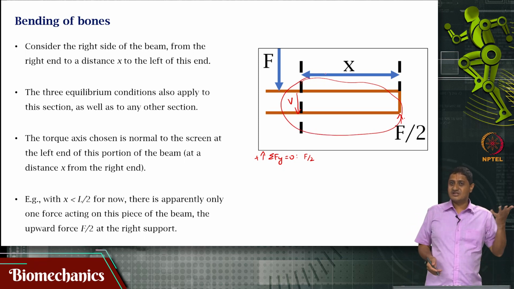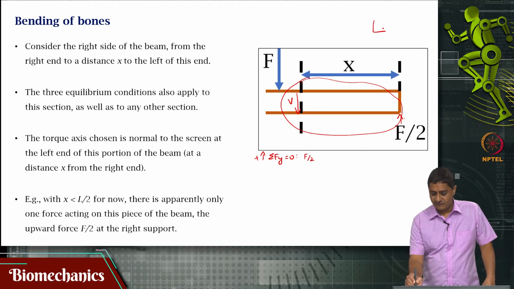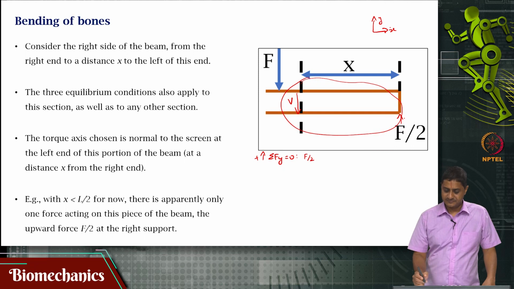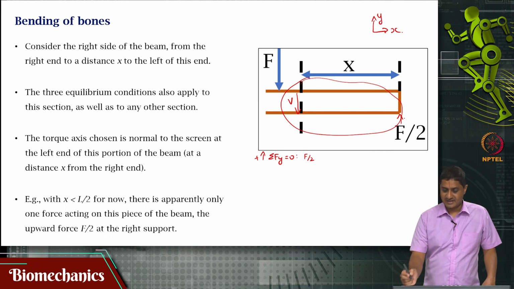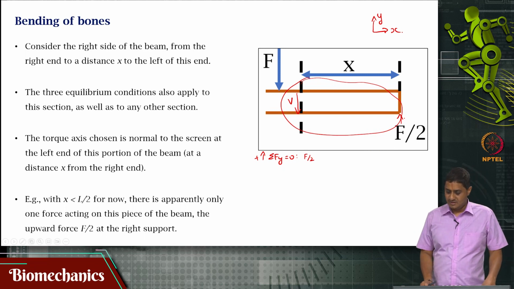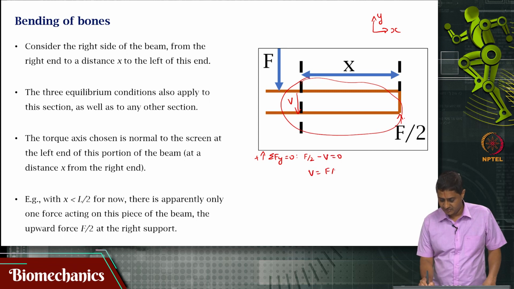So, capital F does not come into the picture. So, for that xy axis, if I write sigma Fy equal to 0, F by 2 minus V equal to 0, that means V is equal to F by 2.